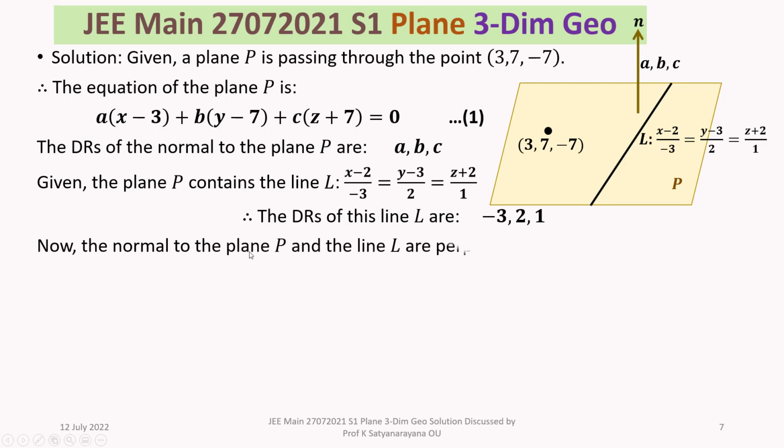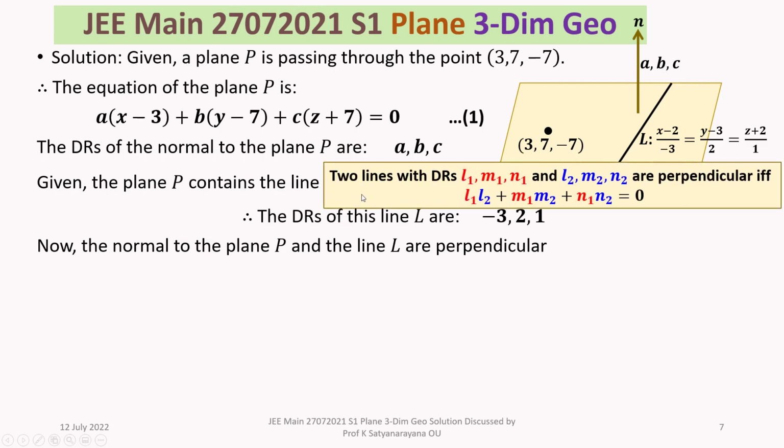So let's recall. The normal to the plane P and the line L are perpendicular. If you have two lines whose direction ratios are L1, M1, N1 and L2, M2, N2, they are perpendicular if and only if L1 L2 plus M1 M2 plus N1 N2 is equal to 0.